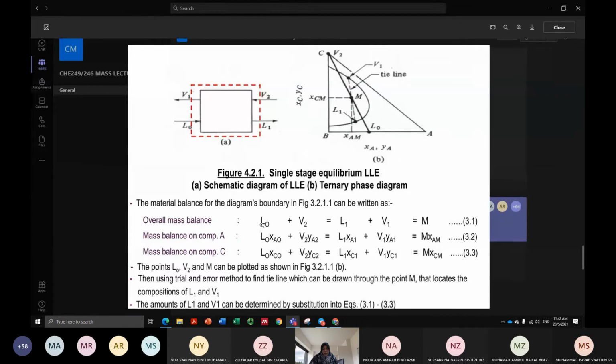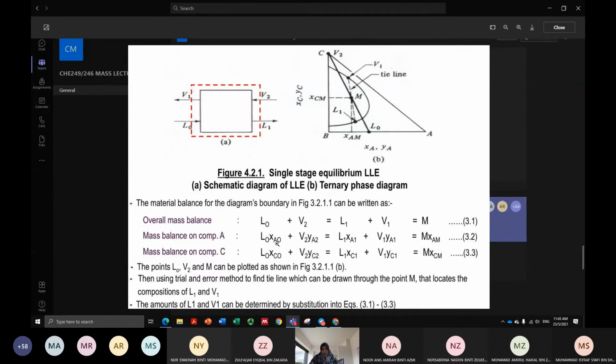The flow rates of the feed plus the flow rates of the solvent will give you the same as the flow rates of your raffinate plus the flow rates of your extract, which will give you the total flow rates of the mixture. If you were to do the mass balance on component A, you just multiply the flow rates at each stream with the component A. Component A is your solute.